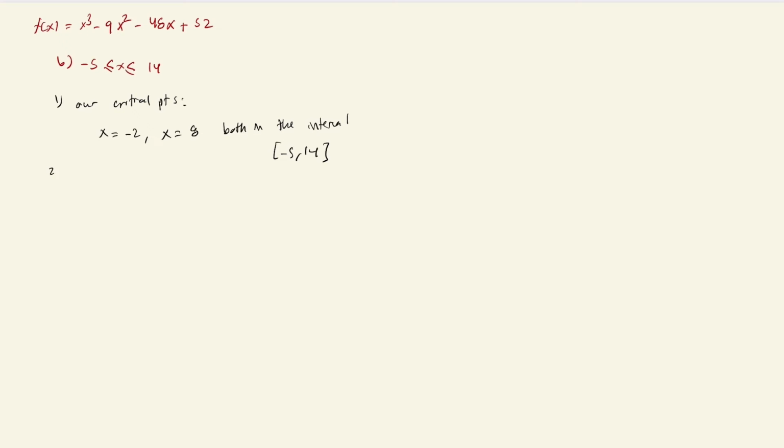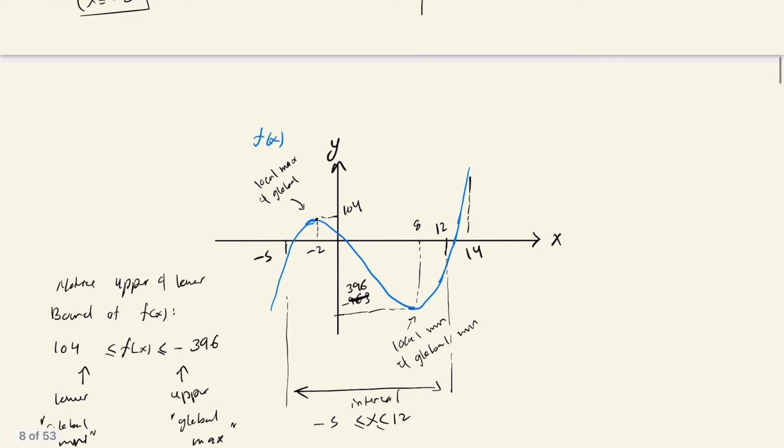Now for the second step, we're going to evaluate our critical points as well as the endpoints. The critical points are minus 2 and 8, and our endpoints in here are minus 5 and 14. And then I'm going to evaluate these in the function f of x.